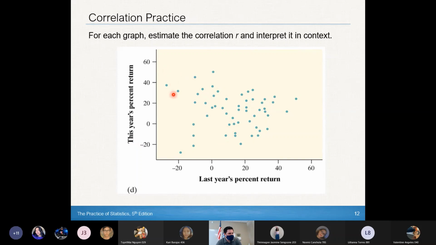If anything, this might have a slight negative association. As we can see, we're kind of going downwards here, but the correlation r is going to be pretty small because these points are very spread out. So again, knowing last year's percent return doesn't really tell us much about this year's percent return.